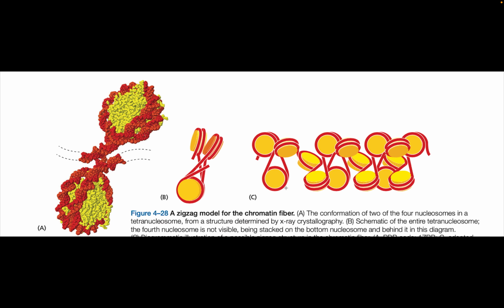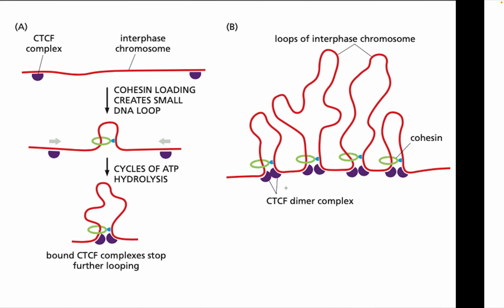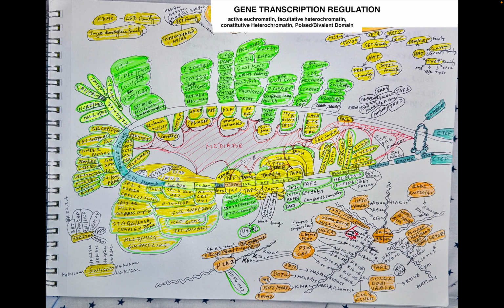And then more factors can come and attach and then keep on loosening it. There's a chain of events which I will talk about, which ultimately leads to depletion of the nucleosomes. In fact, in the housekeeping genes, which are the active euchromatin, this entire region can be free of nucleosomes.